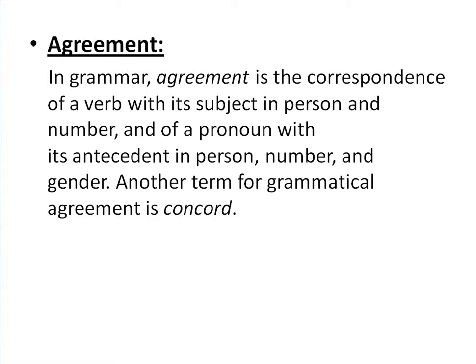In general, we know that we have some singular subjects and some plural subjects, and according to them we use the verb. If we have a singular subject, we add s or es with the verb, and if we have a plural subject, then we do not add s or es with the verb.